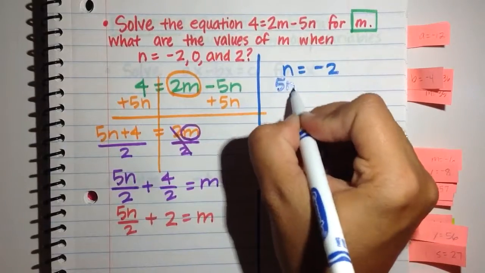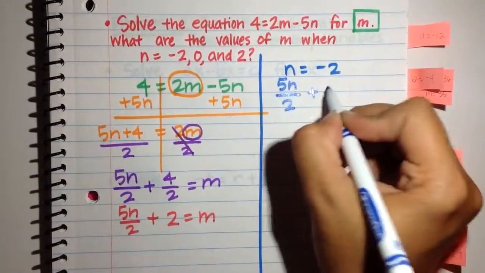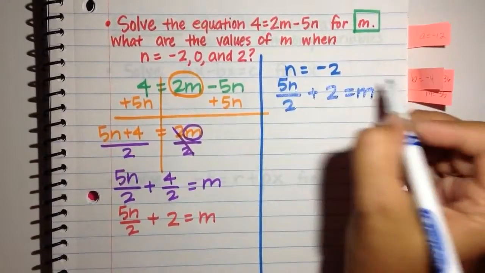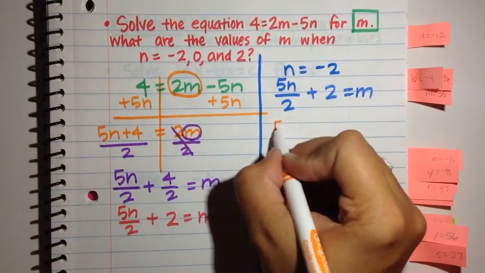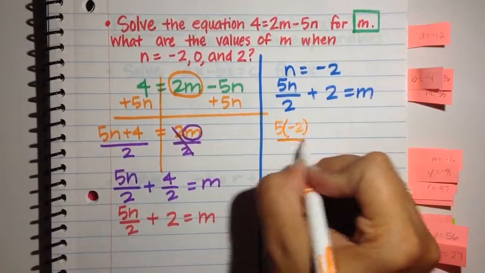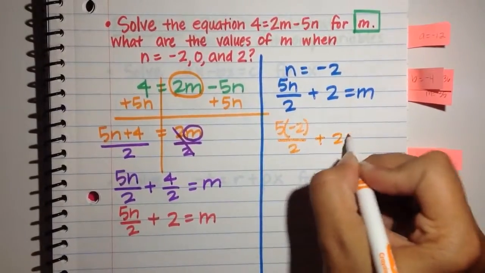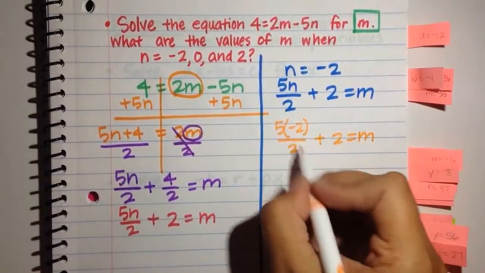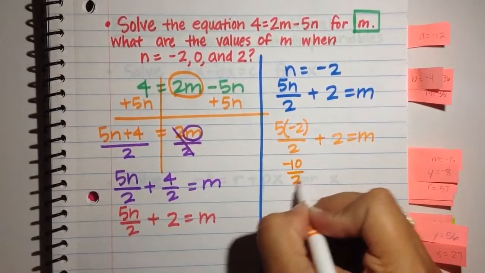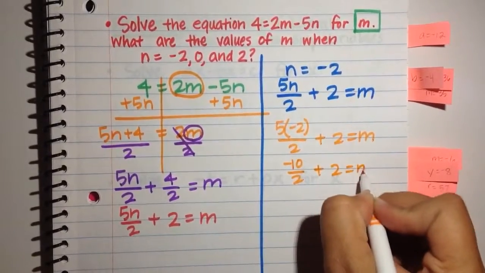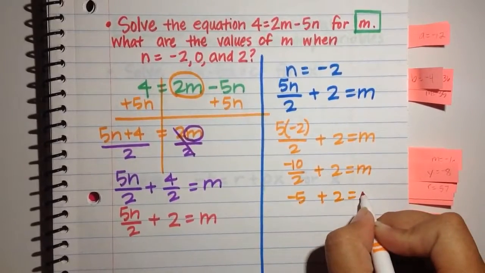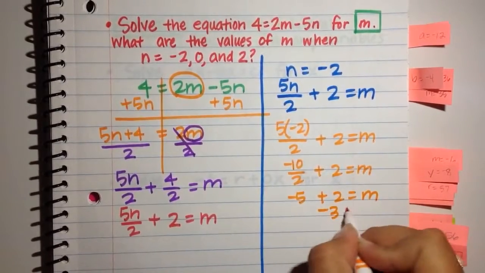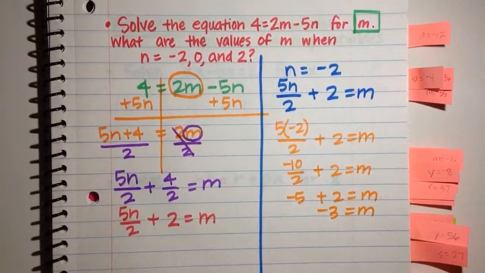So I'm going to use 5n over 2 plus 2 is equal to m, and I'm going to put negative 2 in the place of n. So it's going to be 5 times negative 2 divided by 2 plus 2 is equal to m. So this is going to be negative 10 divided by 2 plus 2, which is negative 5 plus 2 is m. So m is negative 3.